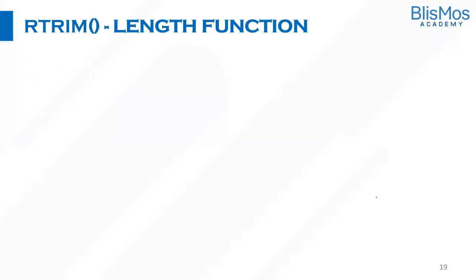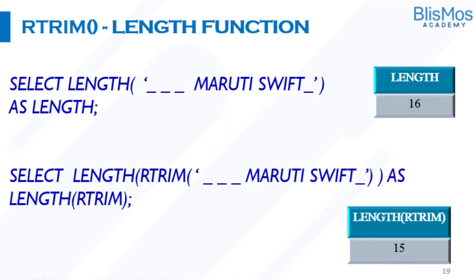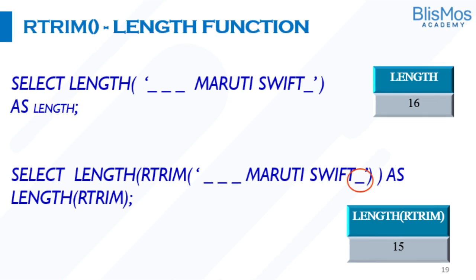So we can also combine this with the length function as we did in the other functions like LTrim. So before rtrim, the length of this is 16 here, and after the rtrim will have a value of 15 because we should have taken off only this one.